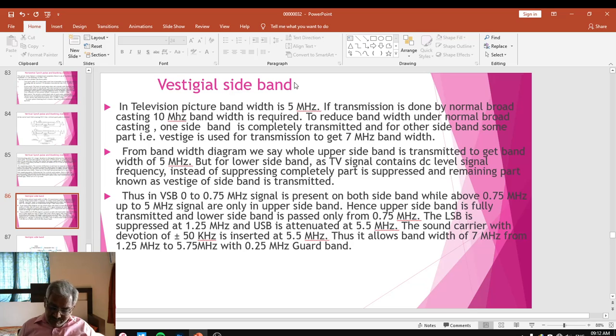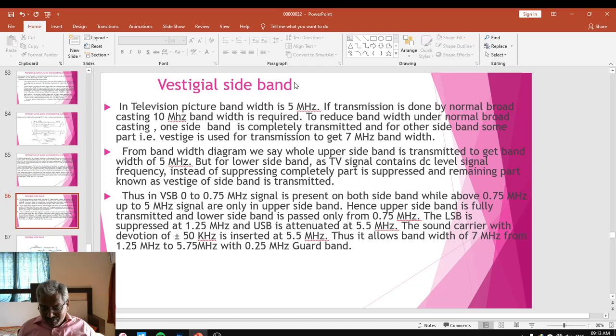Friends, we are already aware that during transmission, to save power, the carrier wave is suppressed and DSB or SSB is used to carry the information from transmitter towards the receiver.